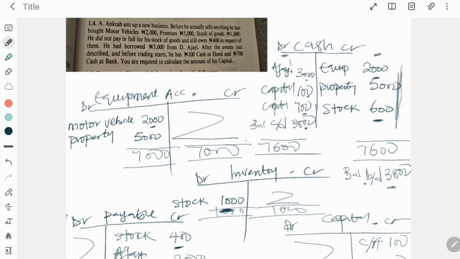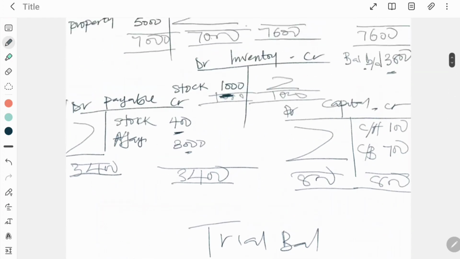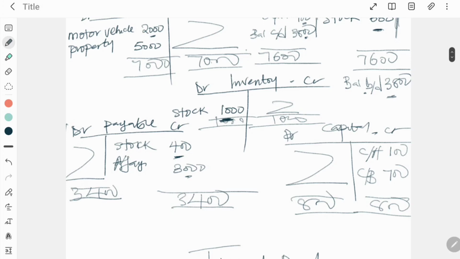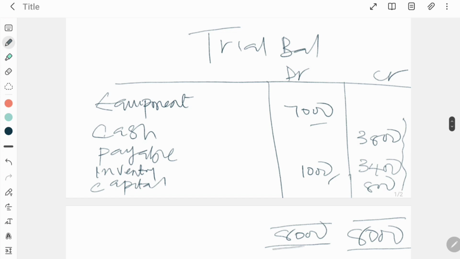Okay, so once you master how to navigate what to debit and what to credit, recording business transactions wouldn't be a hassle for you. Okay, so here our trial balance has actually proven to us that yes, we did all our accounting entries accurately without errors. That is why we have balance on both sides. Our debit has corresponded with our credit entries.